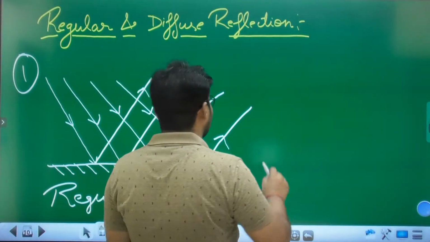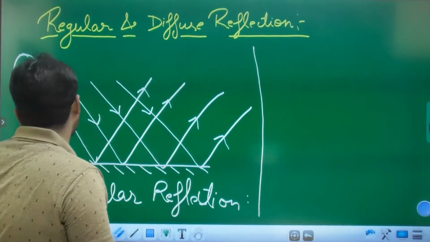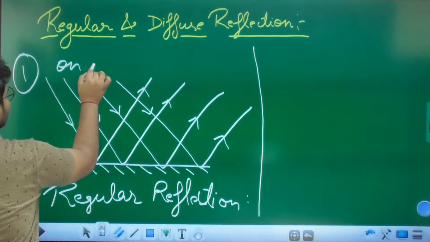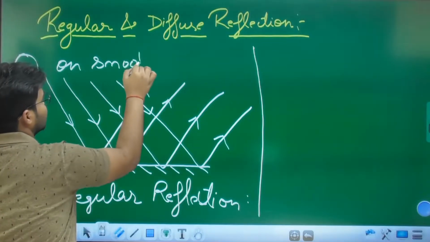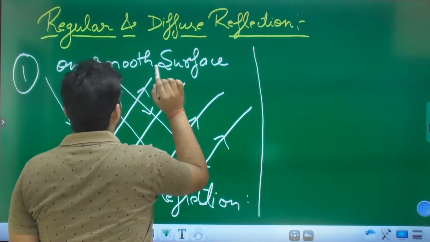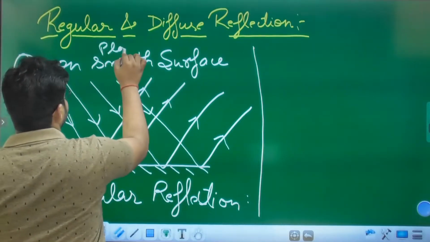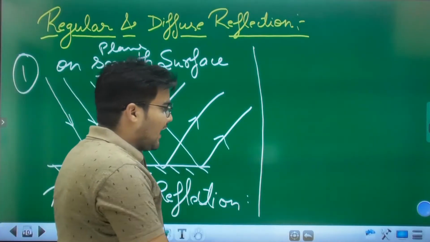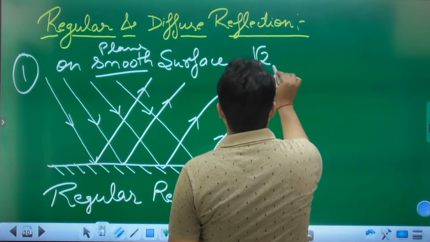Clear? So regular reflection occurs on a smooth surface, or you can say the plane surface. Clear? Now we will discuss diffuse reflection.